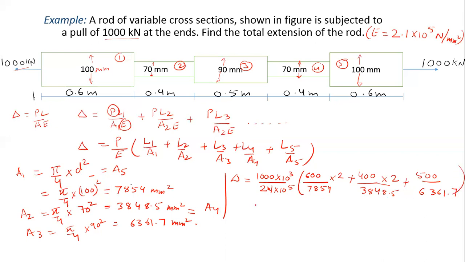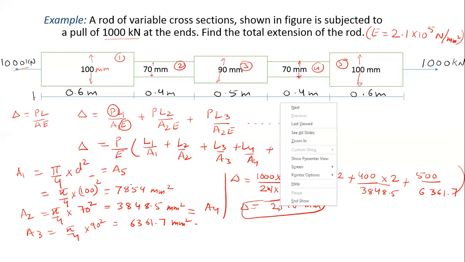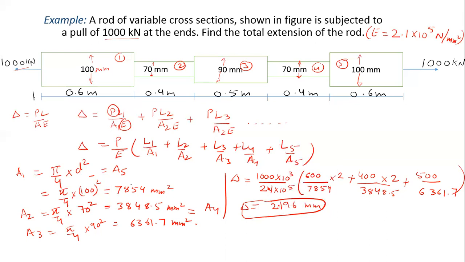So this is how we'll calculate delta, that is total elongation. This comes out to be 2.196 mm. This is the total elongation of this rod.